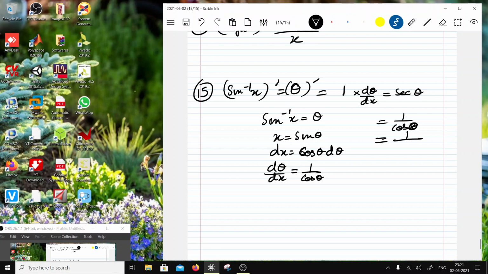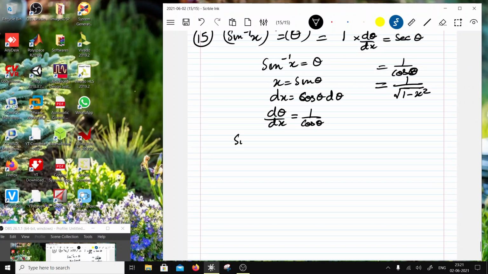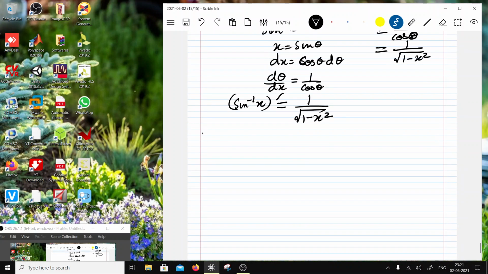So root of 1 minus sine square theta, that is 1 minus x square. So derivative of, let's repeat it, sine inverse of x derivative is going to be equal to 1 over square root of 1 minus x square. Okay, 16. Okay, how about cos inverse of x? Then this will be minus 1 over root of 1 minus x square. That's very simple, isn't it?